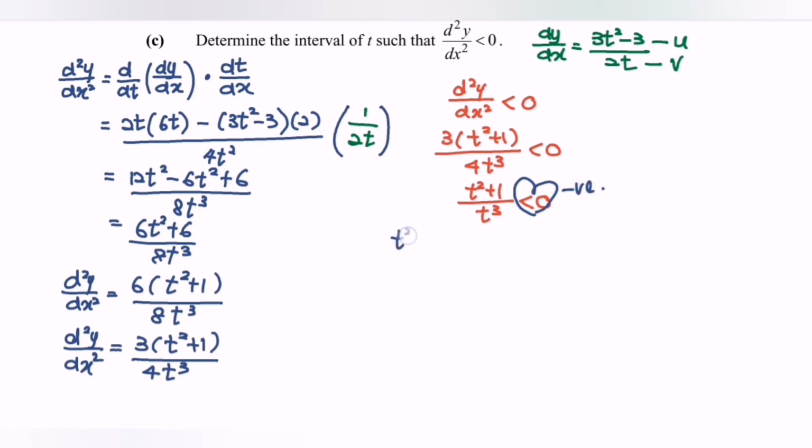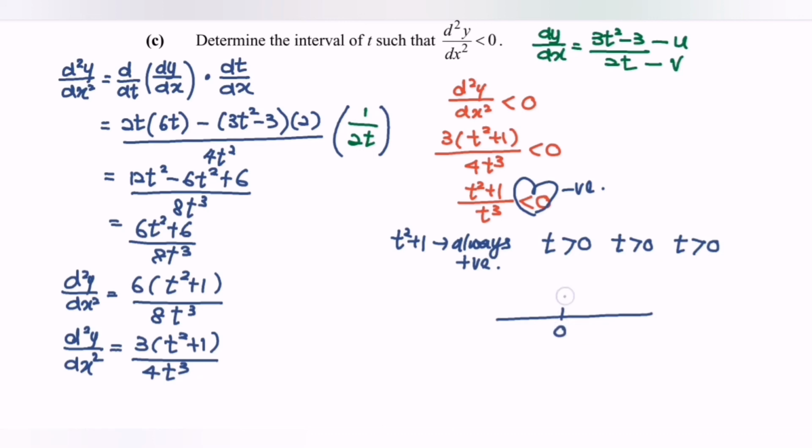t squared plus 1 is always positive. And for t cubed, we can split it into 3 factors, each t greater than 0, so we assume positive. By having a number line, putting the value 0, we illustrate the situation.